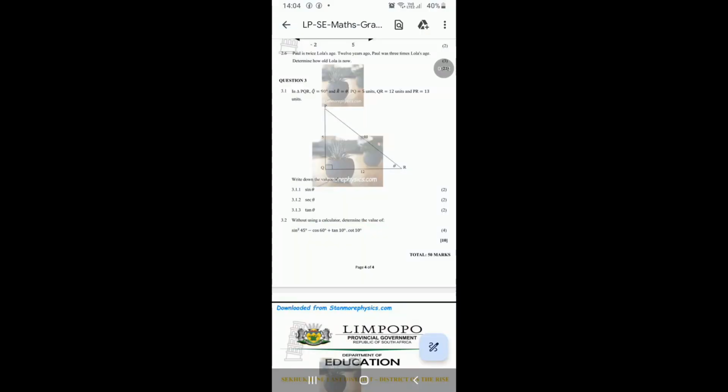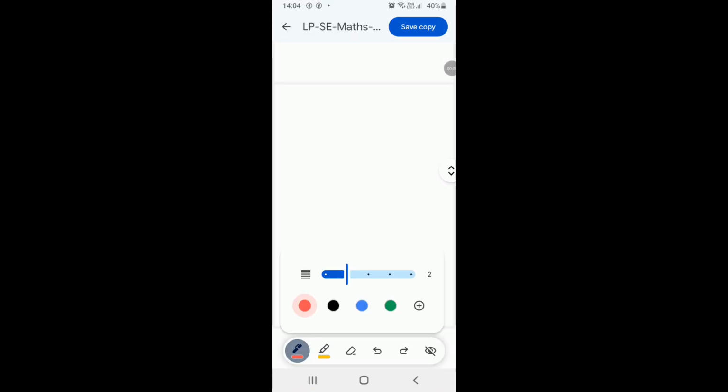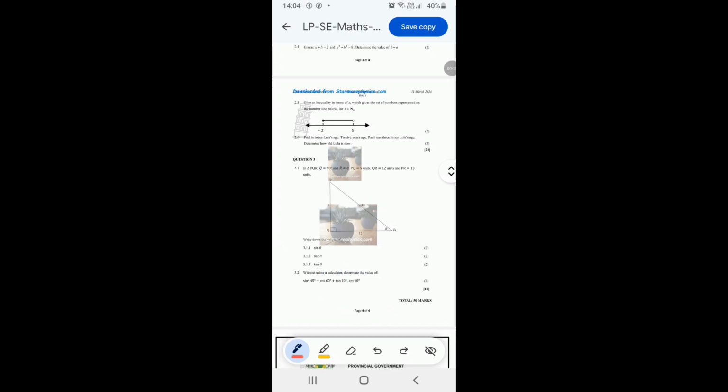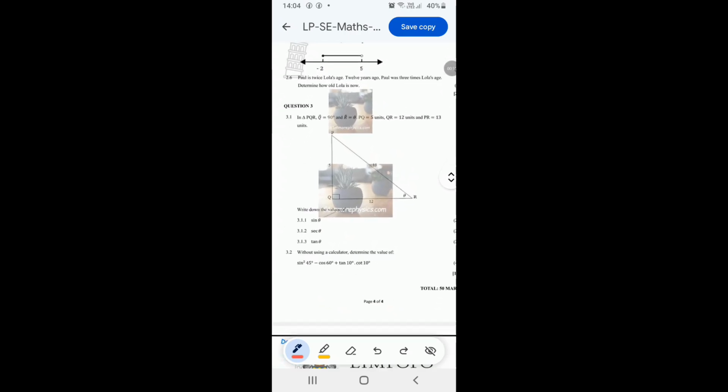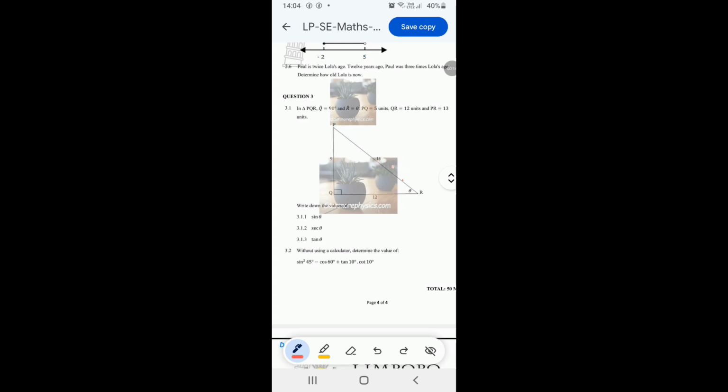Let's also attempt this one. Question 3. So we have our right angle triangle with all the sides given. What is sine theta? This is theta. We know our SOHCAHTOA. Sine is opposite over hypotenuse.